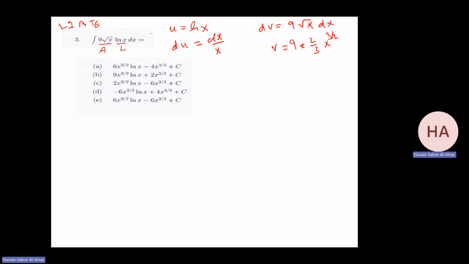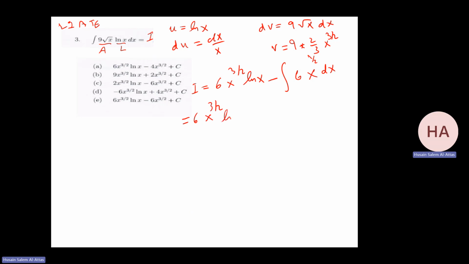Okay, so this is I. So I will be uv, which is 6 x to the power 3 over 2 times ln x, minus integral of 6 x to the power 3 over 2 over x, that is 6 x to the power half, dx.